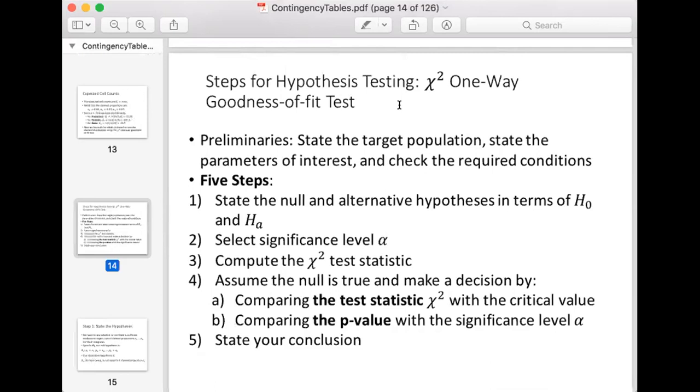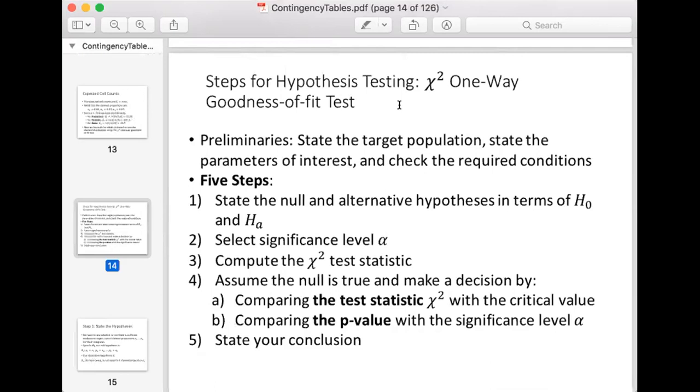The fourth step is, assuming the null hypothesis is true, you will make a decision by comparing the test statistic chi-squared value with the critical value, and you can make a conclusion from there.